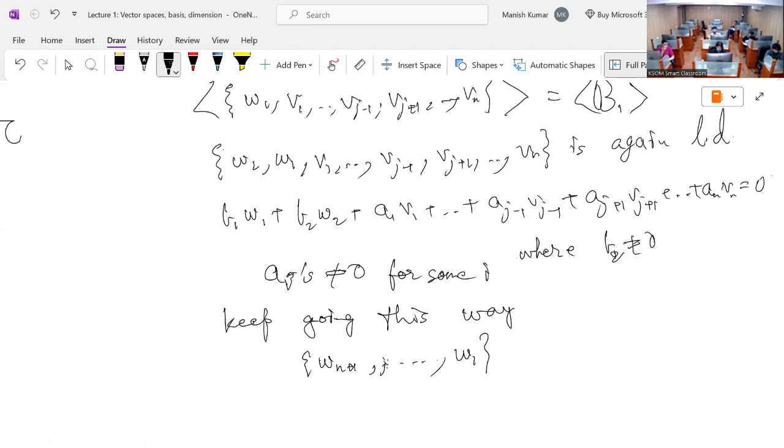You'll get that this new set is linearly dependent, and this is a contradiction with the hypothesis. So this is what the exchange trick is.